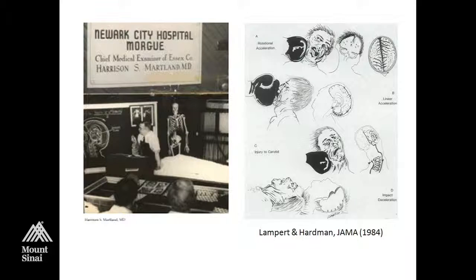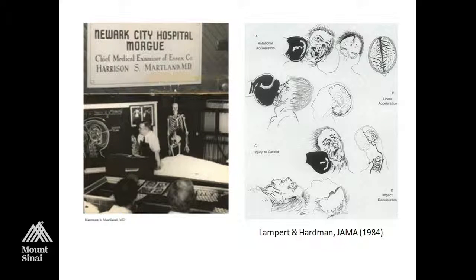So it's been known for close to 100 years that boxers can develop a severe encephalopathy. And this was described first by Harrison Martland, who was the Newark medical examiner, a very famous, well-renowned medical examiner. And he published a report. He called this encephalopathy, this pattern, punch drunk.